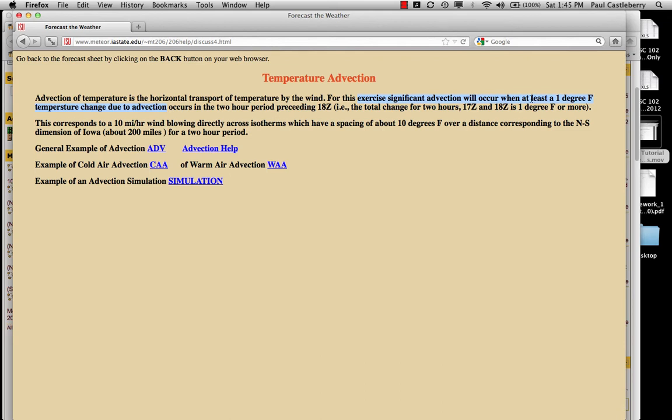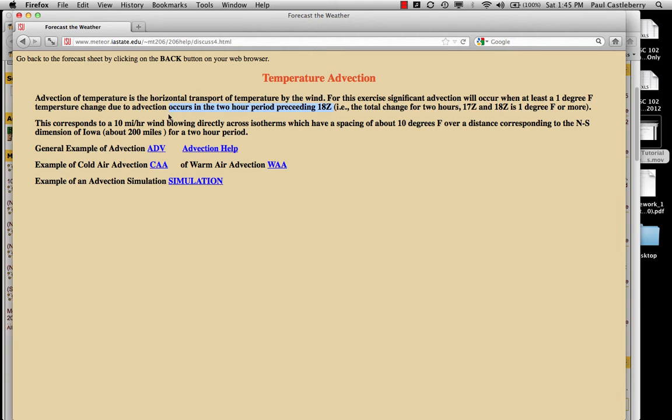So the program looks for at least a 1 degree temperature change due to advection that occurs in the 2-hour period preceding 18Z. In other words, we're looking to see if the change in temperature brought on by advection occurs from 16 to 17Z and 17 to 18Z.